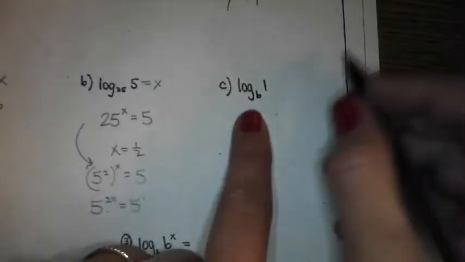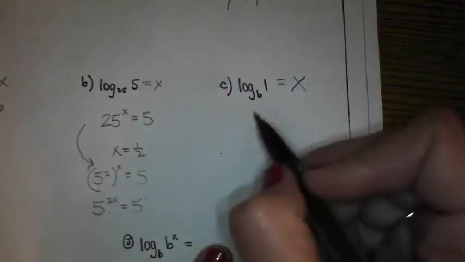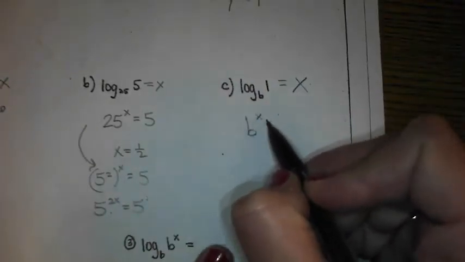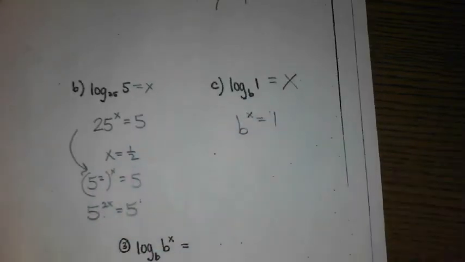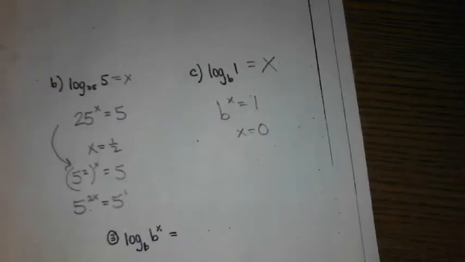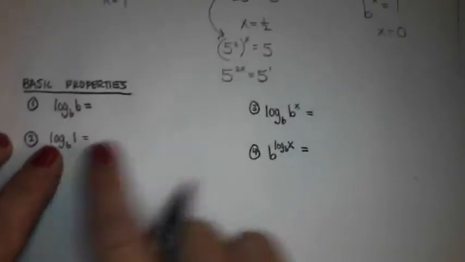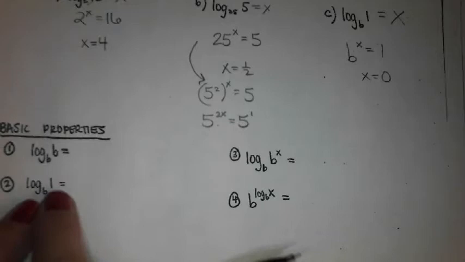And then the last one equals x. So b to what power equals 1. And this always, the log base anything of 1 is 0. And so these are the properties down below. Via that last example, we were just doing this.